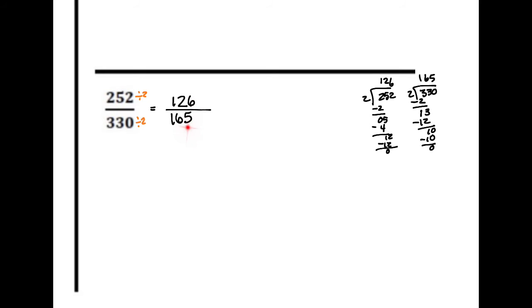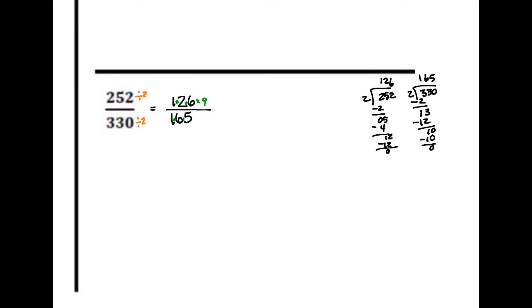This one's divisible by 5, but that one's not. So let's add them up and see if we can divide by 3. 1 plus 2 is 3, plus 6 is 9. So that one we are able to divide by 3. 1 plus 6 is 7, plus 5 is 12. Sure enough, that one divides by 3.